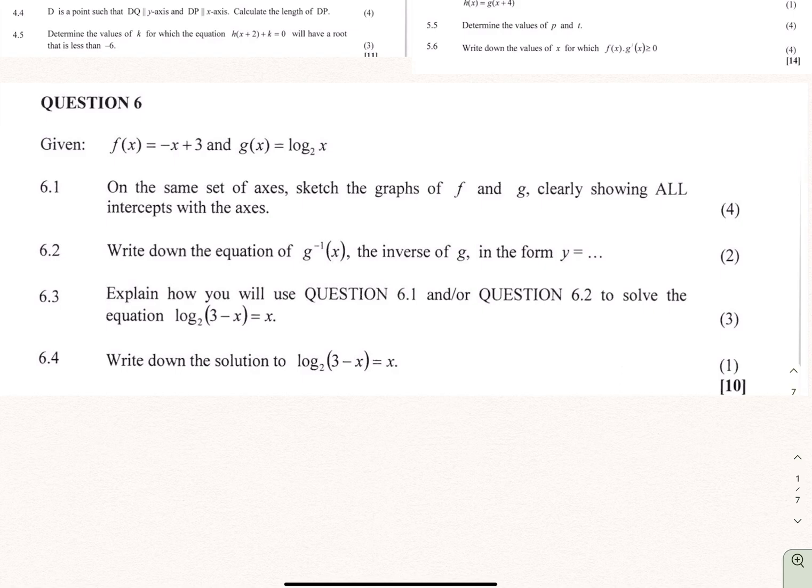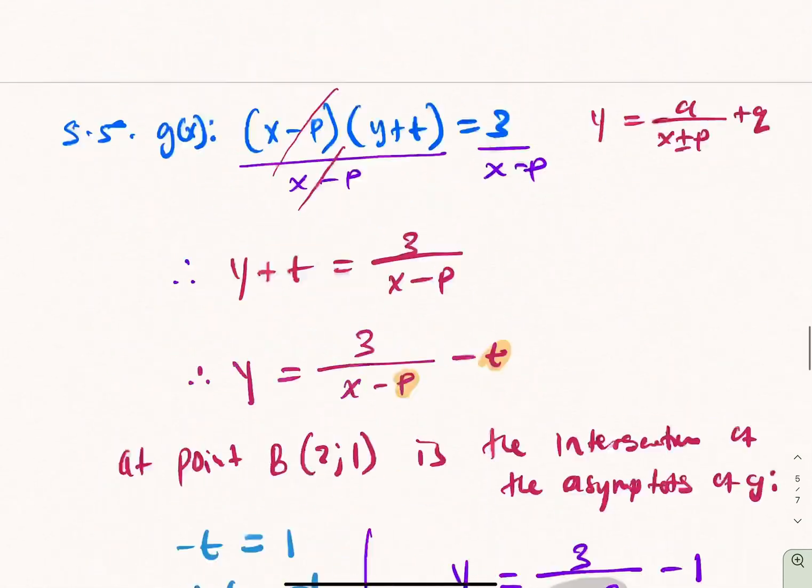Okay, so they give you f at x is equal to minus x plus 3, and the other one is the log of base 2. So it's the basic functions, basically. They wanted you to sketch them on the same set of axes. So that is question 6.